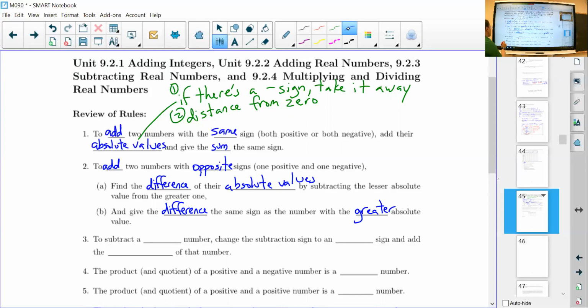To subtract a negative number, change the subtraction sign to an addition sign and add the absolute value of that number.